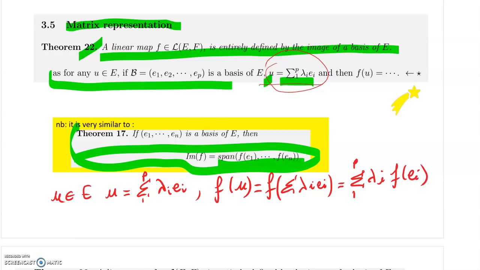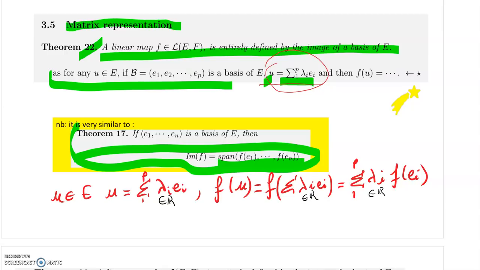Okay, the lambda I belong to R. They are just the coordinates of U in this basis, and F of EI are just the images of the basis elements.